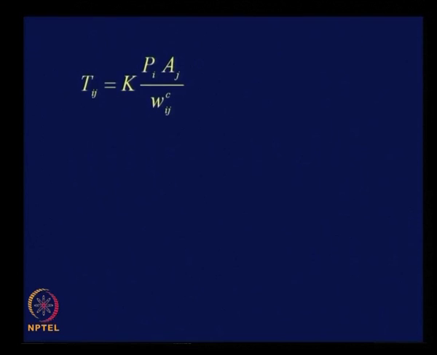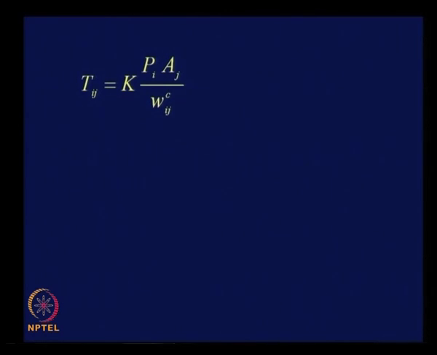And if you look at the basic structure of the gravity model itself, you may recall this was the basic structure we initially adopted: Tij equal to k times Pi Aj, whole divided by Wij raised to power c.